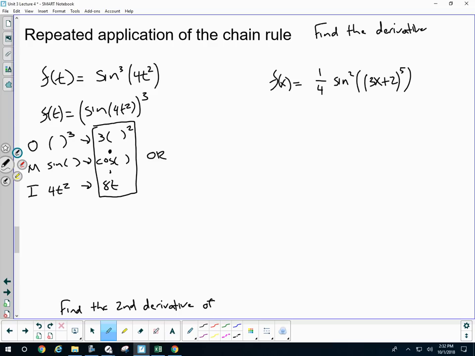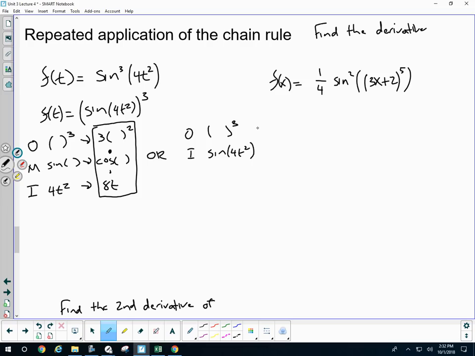Or, let's say I'm only comfortable with outsides and insides and I'm not used to recognizing the fact that I have a middle. This is the other way, which I don't prefer. You could say, okay, the outside is the stuff cubed. The inside is the sine of 4t squared.